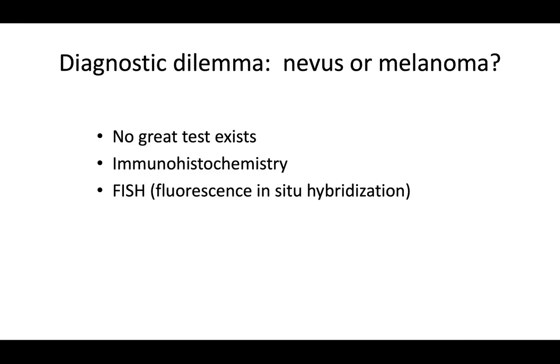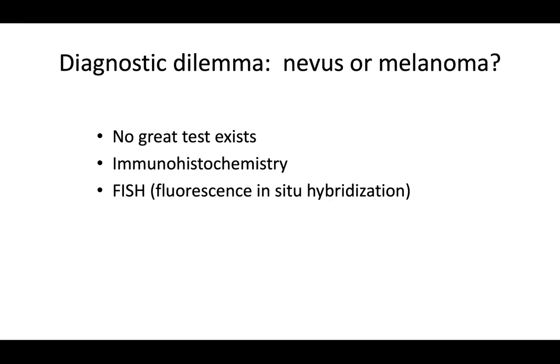Diagnostic dilemmas: is it a nevus or is it a melanoma? There is no 100% perfect test for melanoma. You have to take into account architecture, immunohistochemistry, and molecular testing. Common tests today include fluorescence in situ hybridization, which looks for gains or losses of particular chromosome loci to predict a melanoma signature.